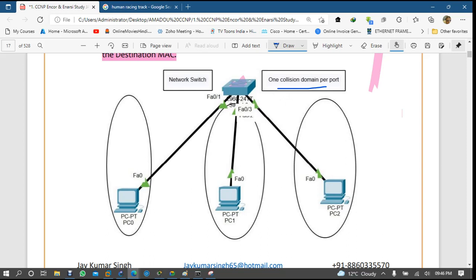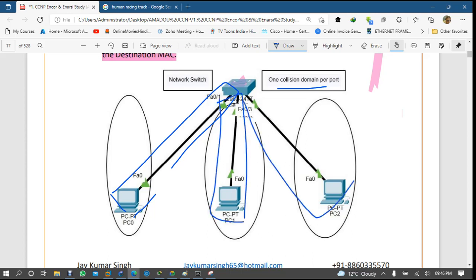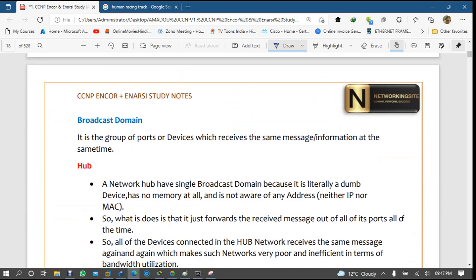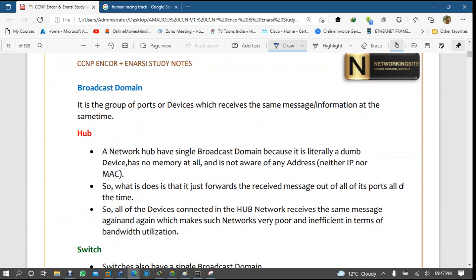One collision domain per port means a single path, so there was no collision. Each and every computer is free to communicate, that's why the switch is full duplex.